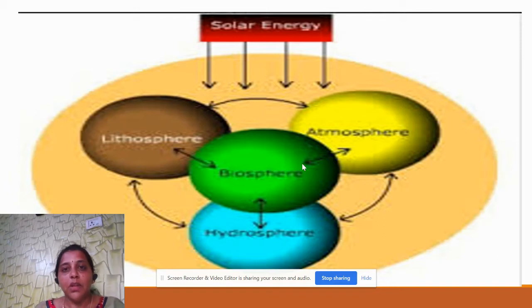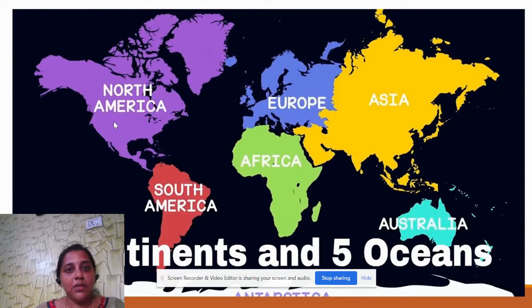Now let us first talk about the lithosphere. That is the land masses, the rocky layer of the earth. Now the rocky layer is divided into seven continents. It is North America, South America, Europe, Africa, Asia, and Australia.